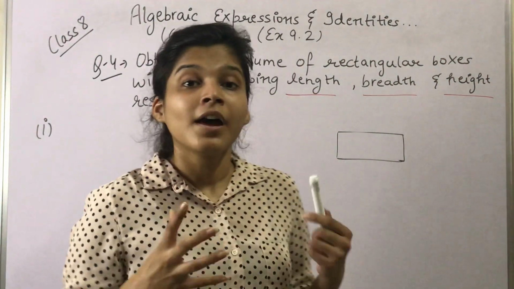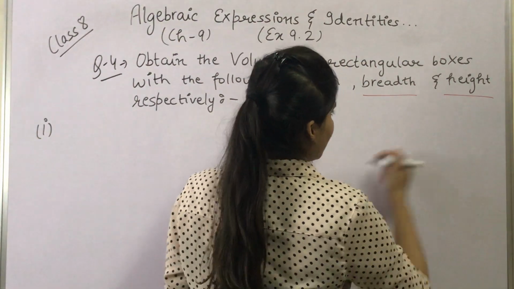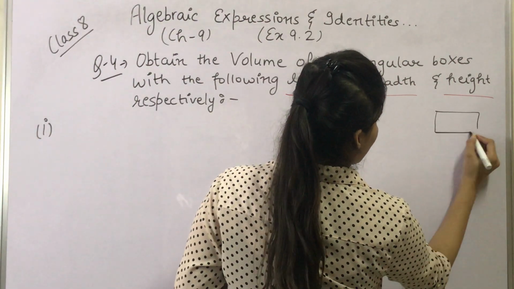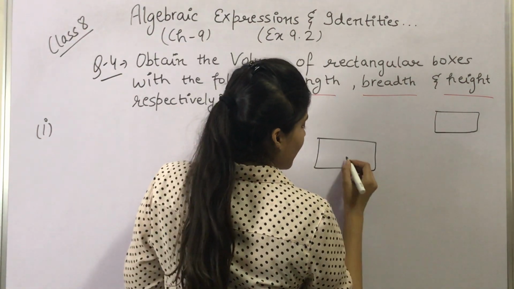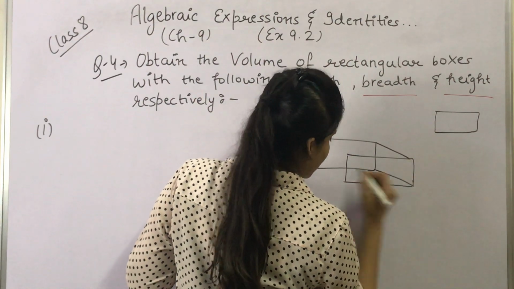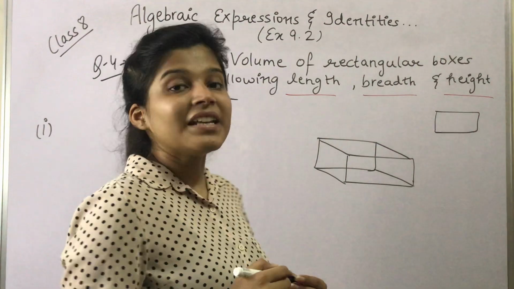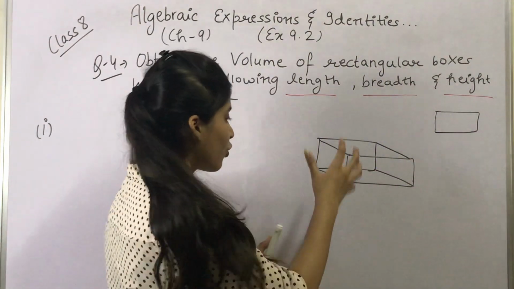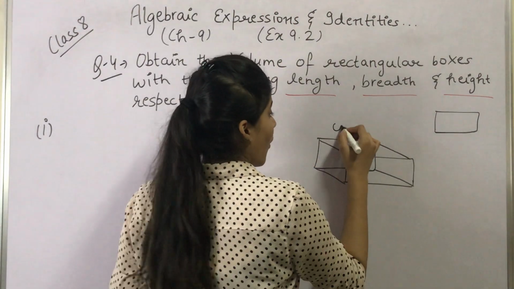It means it is a 3D rectangle, and 3D rectangle कैसा दिखता है? Like this. This is a 3D rectangle जिसके अंदर कुछ shape है. इसको हम cuboid कहते हैं. This is a cuboid.